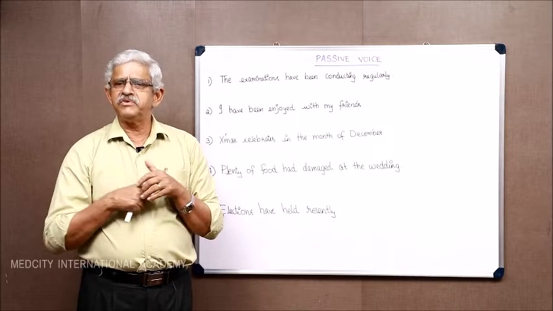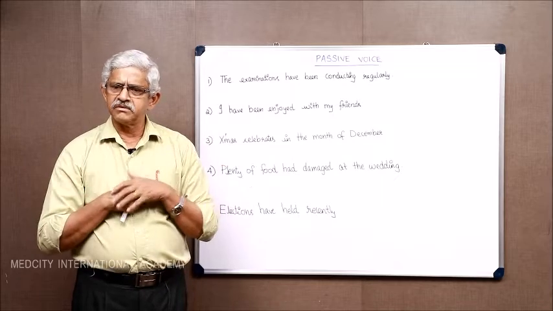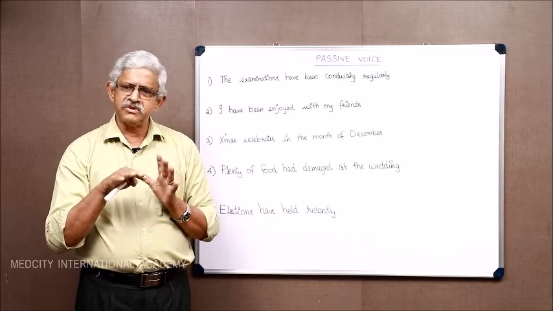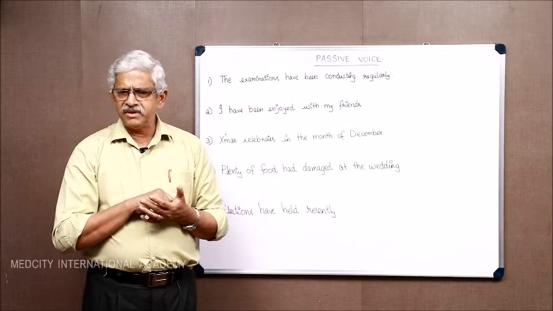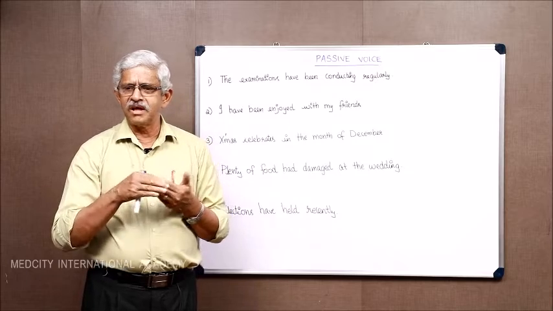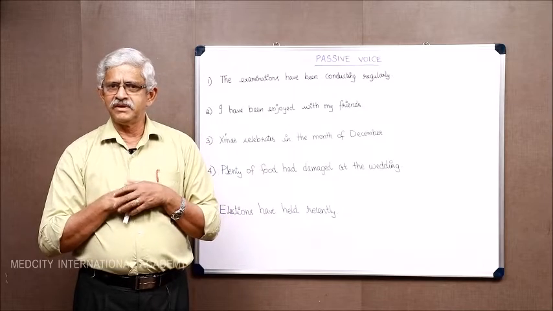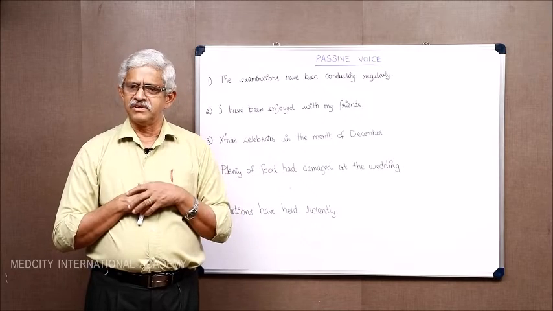But this sentence can be said in another way also. The object is English grammar. We can begin the sentence with English grammar. When I say English grammar, then the verb is not am teaching. It has to be changed completely.